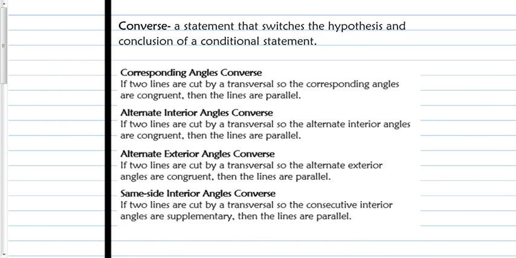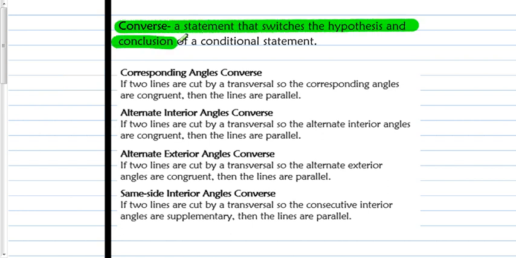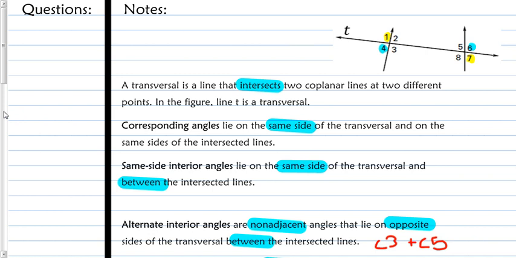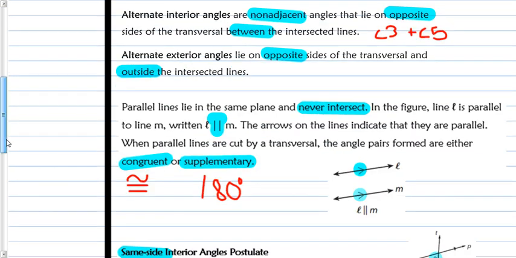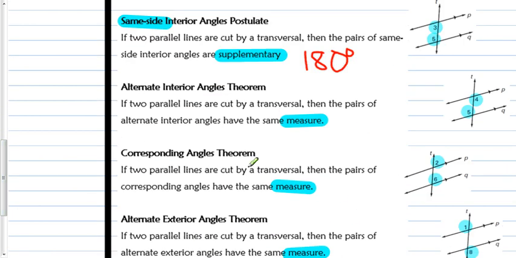If two lines, these are all converses, and you'll need to write this in. A converse is a statement that switches the hypothesis and the conclusion of a conditional statement. So originally we were talking about corresponding angles, and we said that if two lines are cut by a transversal, then the pairs of corresponding angles have the same measure. So now we're doing the opposite.